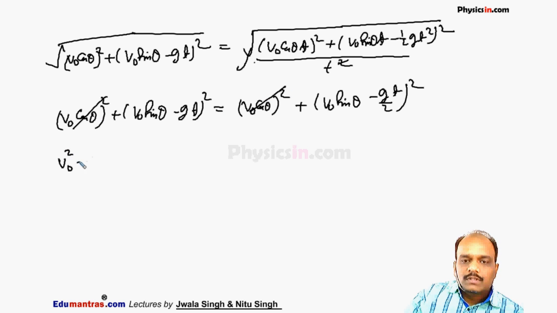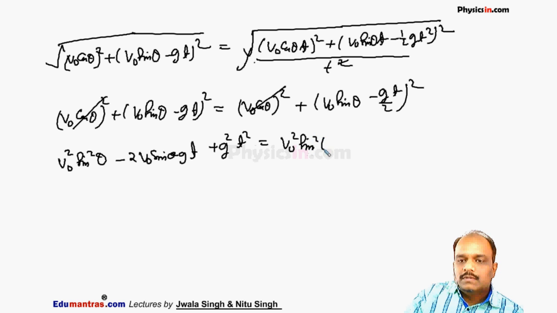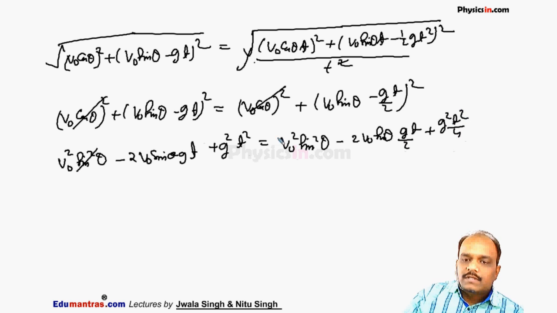We get v naught square sin square theta minus 2 v naught sin theta into gt plus g square t square is equal to v naught square sin square theta minus 2 v naught sin theta g into t by 2 plus g square t square by 4. So this term again will cancel out, and this 2 will cancel out.